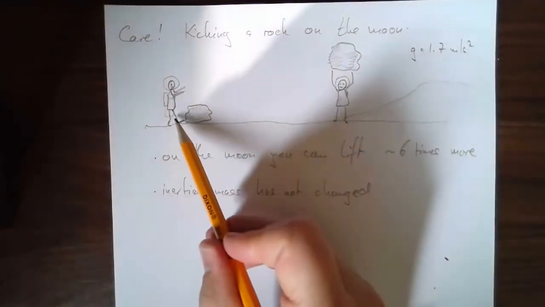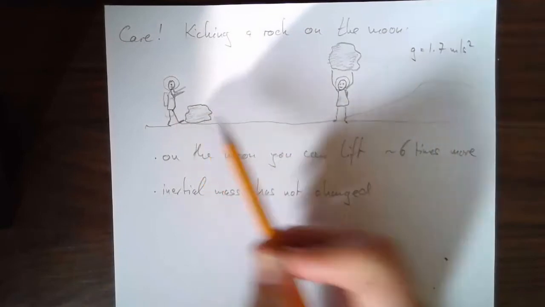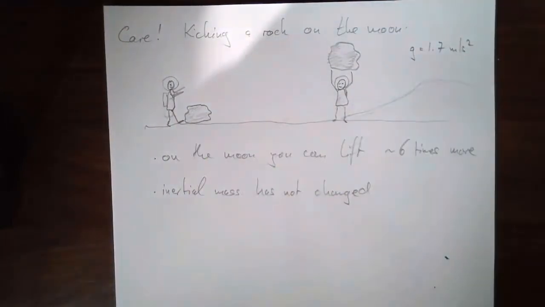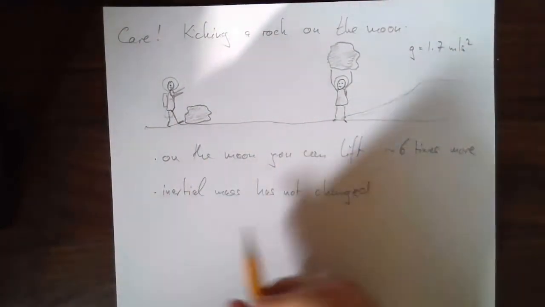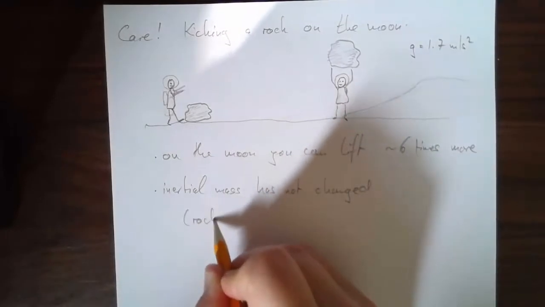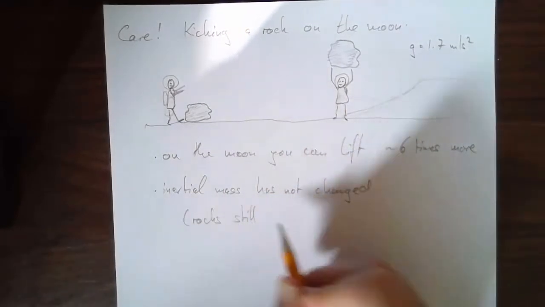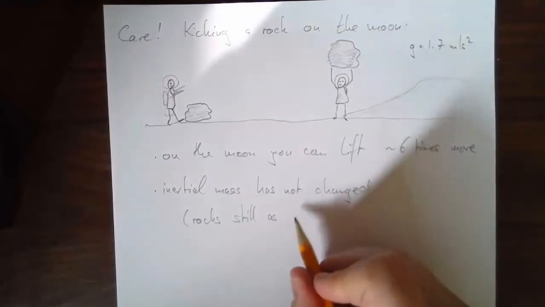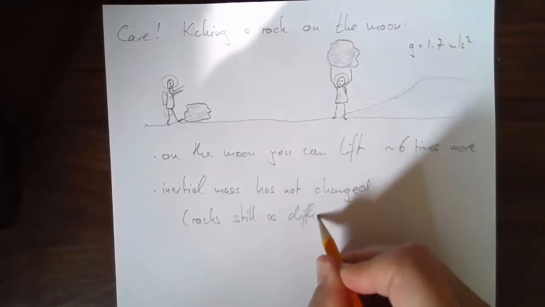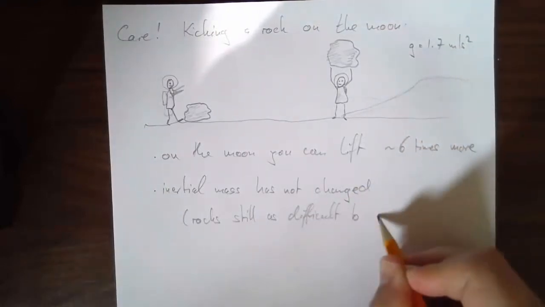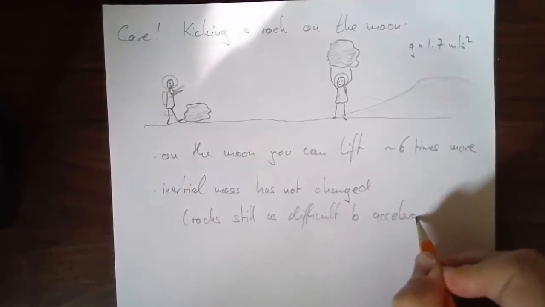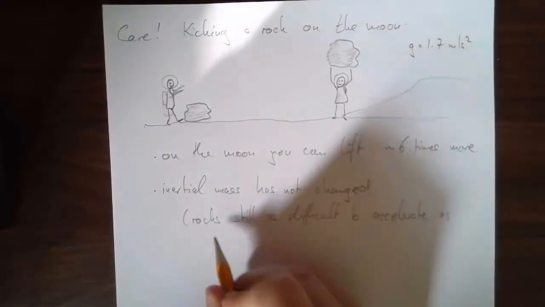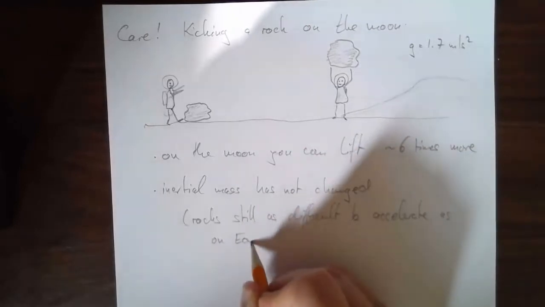So if you kick that rock, your friend kicks that rock, well, he's going to get hurt. But inertial mass has not changed, so the rock is still as difficult to accelerate as on Earth, or anywhere else really in space.